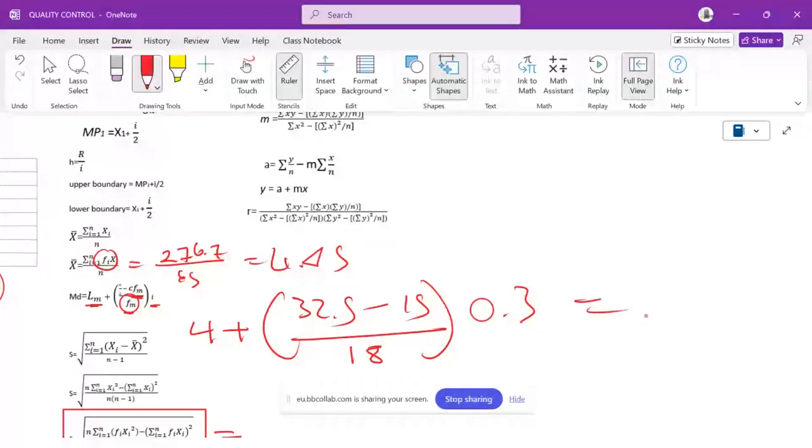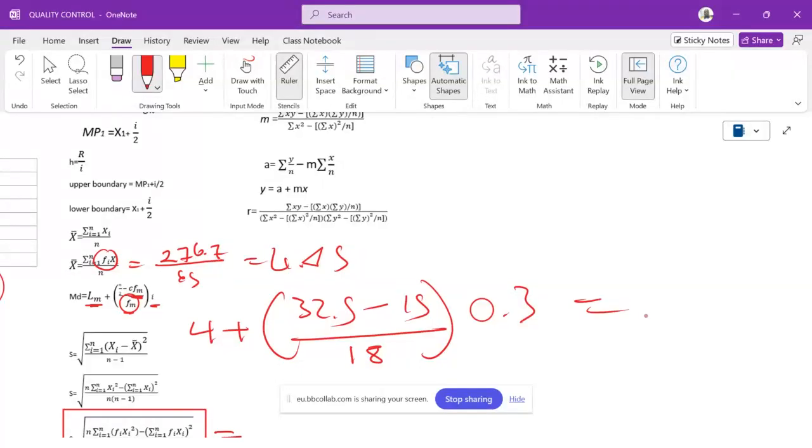So 4 plus, I need to clear my calculator, it's showing in a funny way. 4 plus 32.5 minus 15 over 18. Then you close the bracket and then you multiply by 0.3.